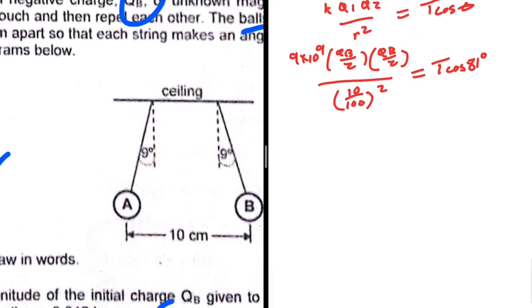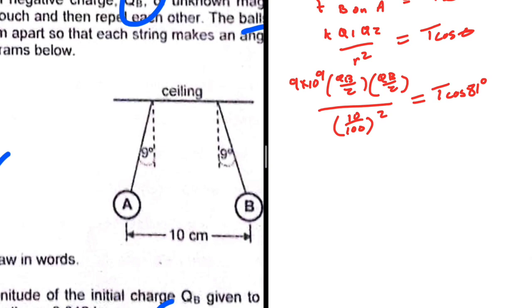So we have T cos of 81. So on the numerator on the left hand side, how can we solve that? There are a couple of ways we can use. Well, 9 times 10 to the power 9 is the same as 9 times 10 to the power 9 over 1. So let's just multiply the numerators together and the denominators together. If we multiply the numerators together, QB multiplied by QB is QB squared.